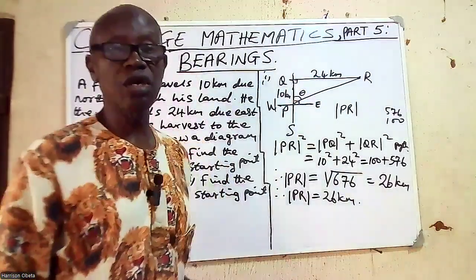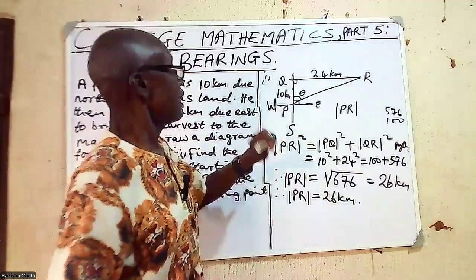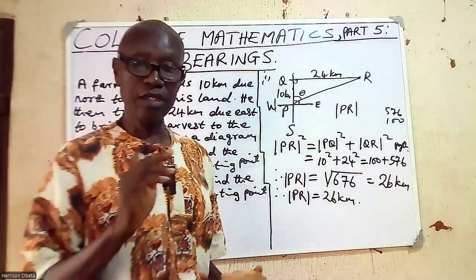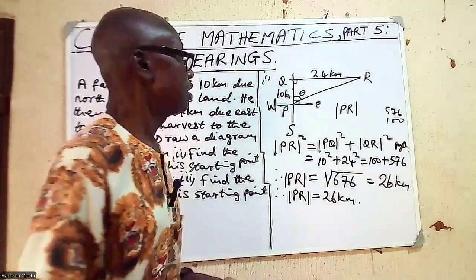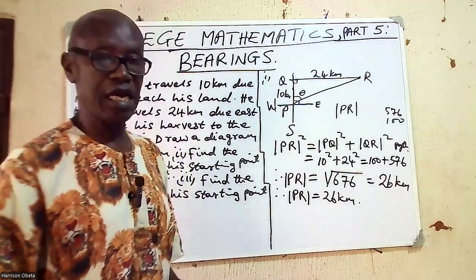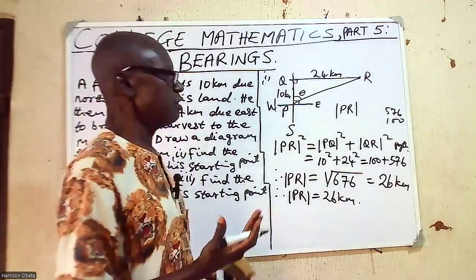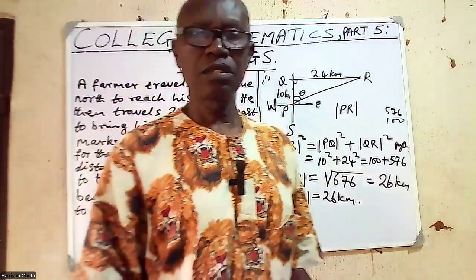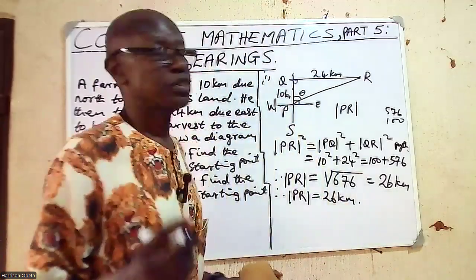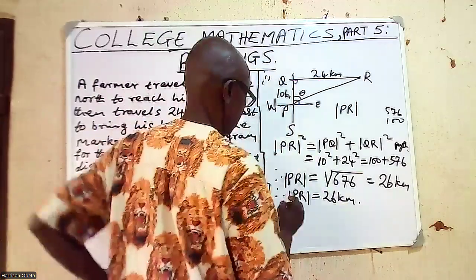The hypotenuse is always the longest side, and then the third side will be the adjacent. Take note, you can only use that formula if you have a right-angled triangle. If it is not a right-angled triangle, you have to use either the cosine rule or the sine rule. So let's move on.